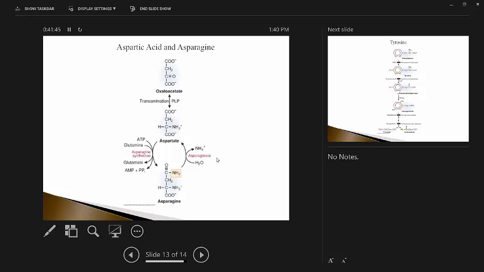Most of the time, the nitrogen donor is glutamate. But alanine can, there are alanine keto acid transaminases. So for the nitrogen donors, just remember aspartate and glutamine?